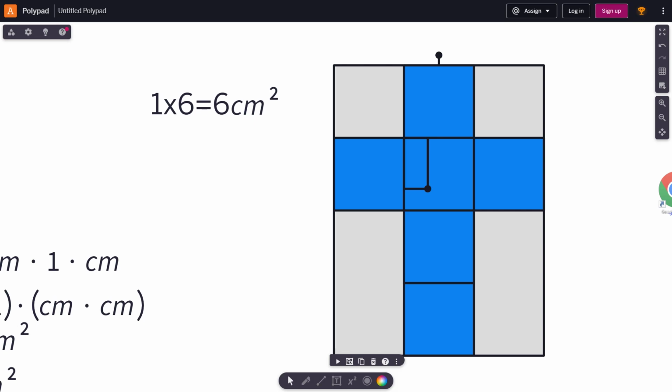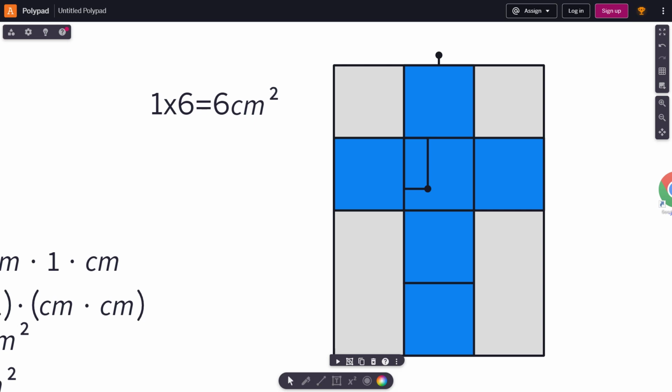We know that one vertex will be 2 centimeter. The rest will also be 2 centimeter. Now imagine dividing lines, which divides the square into 1, 2, 3, 4, 5, 6, 7, 8 cubes.